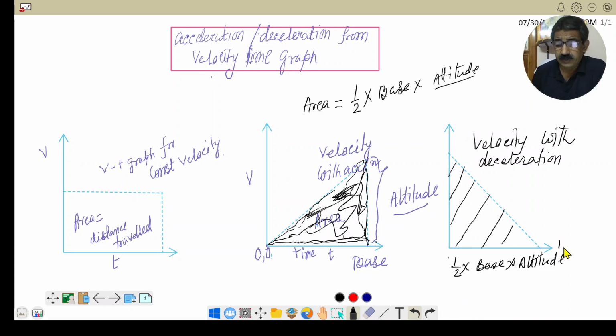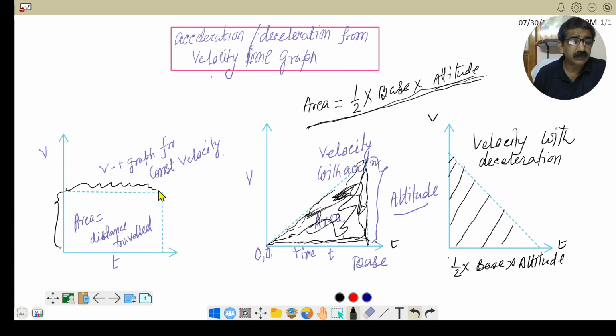So this is the time axis, this is the velocity axis. In each case, this is the time axis, this is the velocity axis. And if triangular shape, then to deduce the area, this is the formula. And for a rectangular shape, you must know that area is equal to length, this is length, and this is breadth.